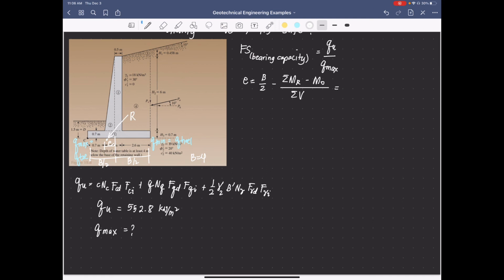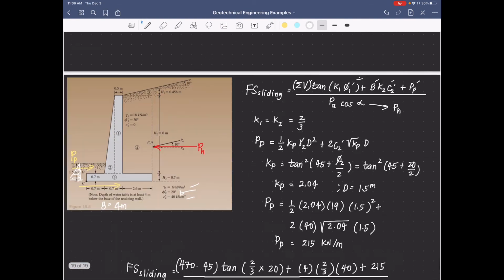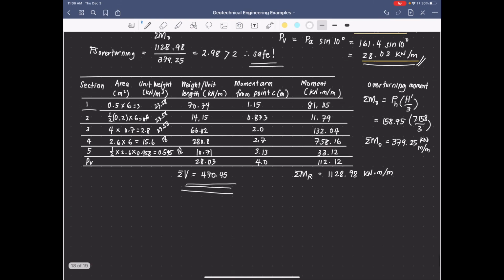This is B, which is equivalent to 4 divided by 2. The sum of the forces resisting, I'll go back to our previous page here. Here we have it. We have the sum of the moment resisting, which is 1128.98, and the overturning is 379.25, and the vertical forces is 470.45, or the total vertical pressure.